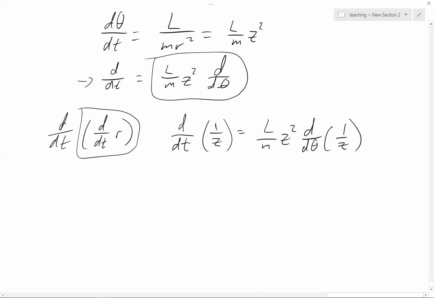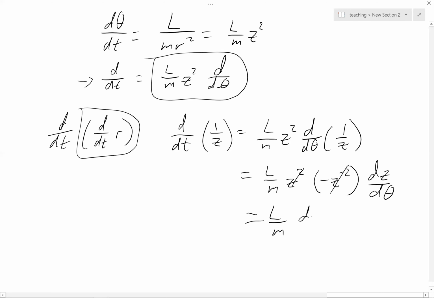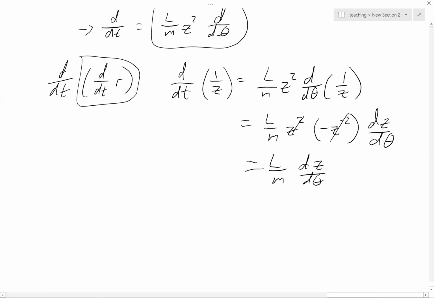And now we already see some magic happening. So when we take this derivative of 1 over z, it's negative z to the negative 2, and then dz d theta. And so, yeah, the z squared cancels the z to the minus 2. So that's already pretty awesome. Makes our life a lot easier. So I've got L over m dz d theta. And now go one more time.